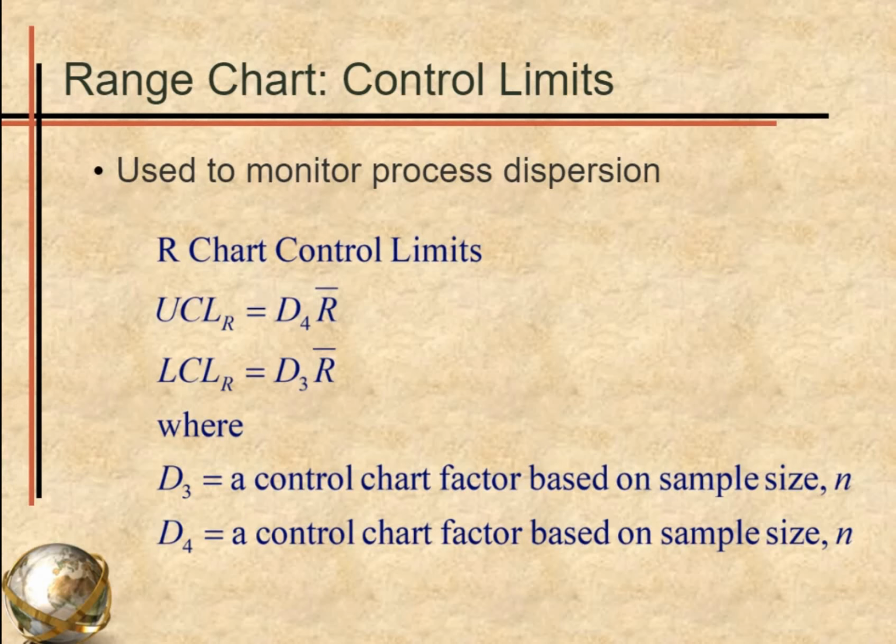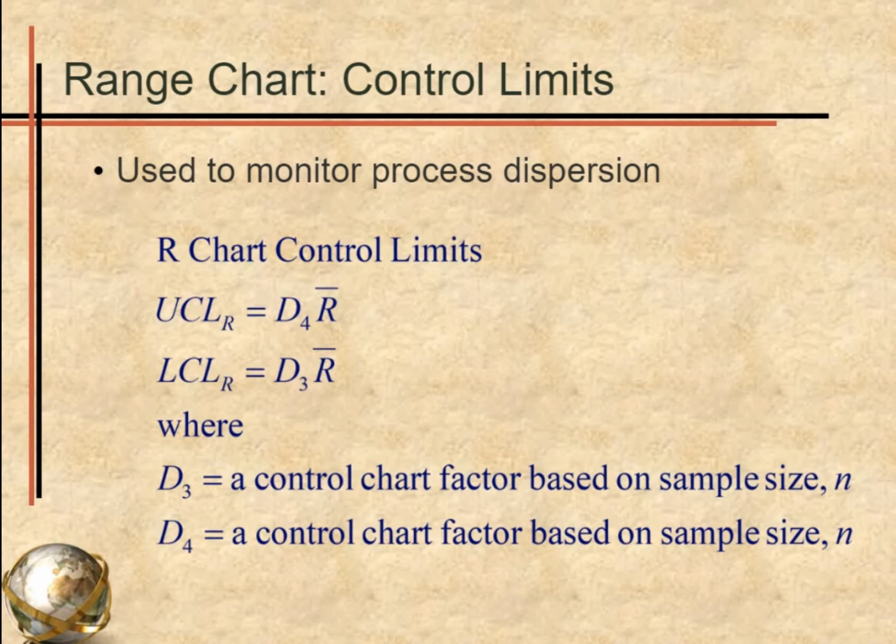So here's the formula: the upper control limit of the range equals D4 times R bar, and the lower control limit equals D3 times R bar.